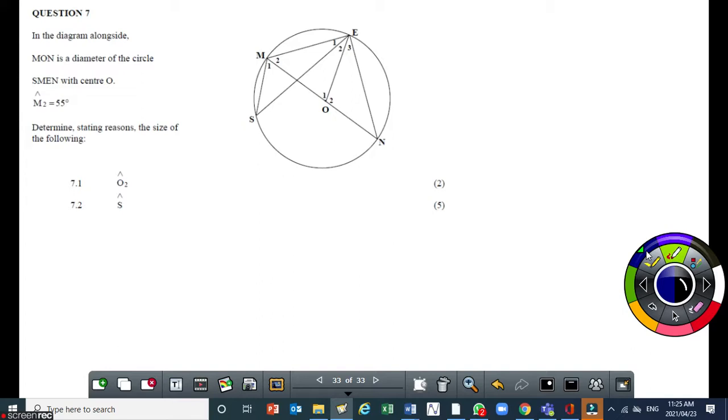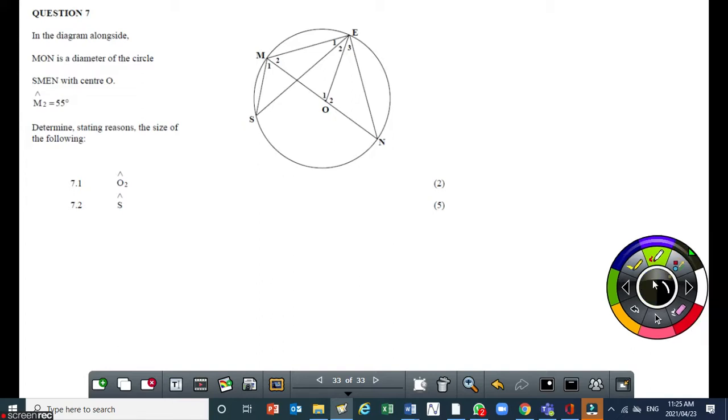Right? So the way that I'm going to do it is to find the size of that. I'm going to say angle MEN is equal to 90 degrees, and that's angle in a semicircle.